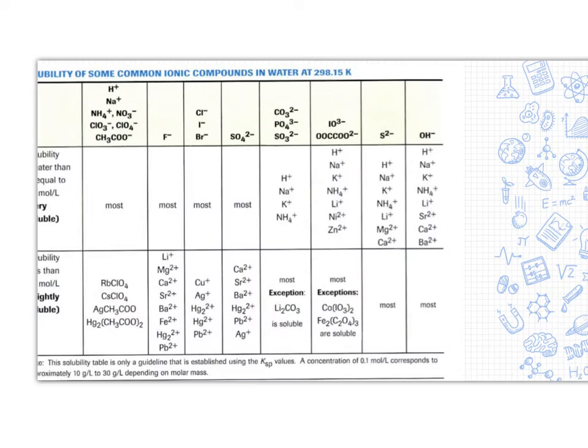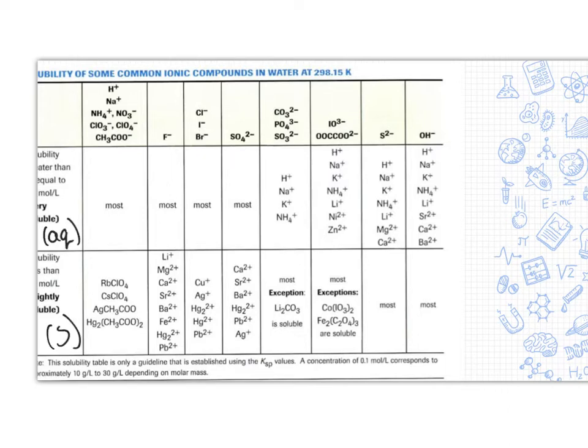My solubility table got cut off here, but let's take a look at it and do our best. So on the solubility table, anything up here is very soluble, meaning it will be AQ in water. And anything that is slightly soluble will be, for the most part, solid in water.